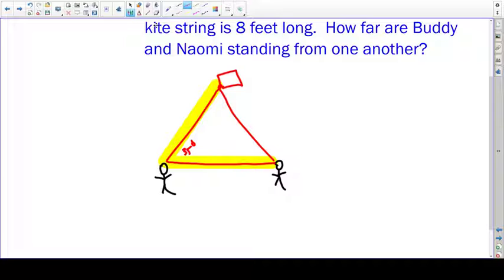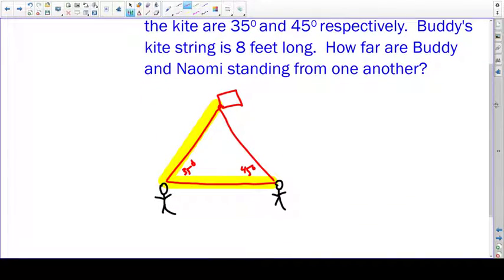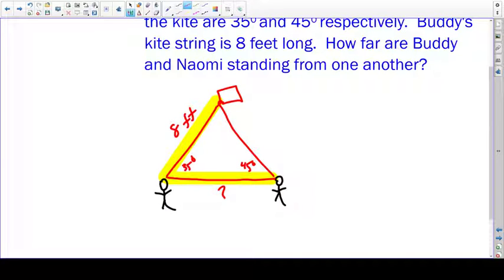And same thing for Naomi, that's 45 degrees. Now it says that Buddy's kite string is 8 feet long, so that's 8 feet. And what we want to know is how far they're standing from one another. So we're looking for this side of the triangle.